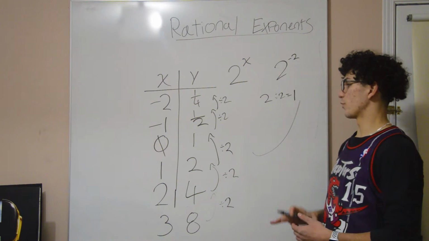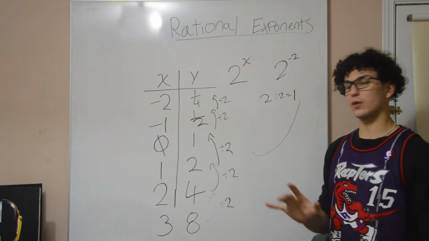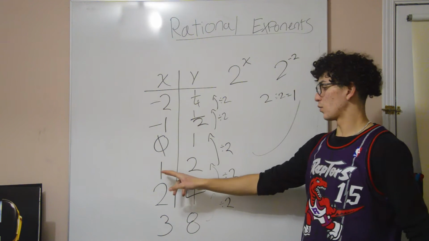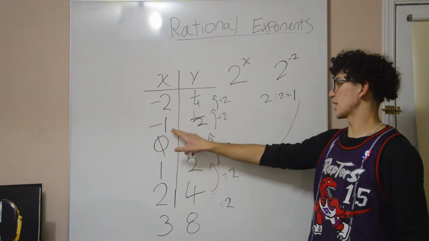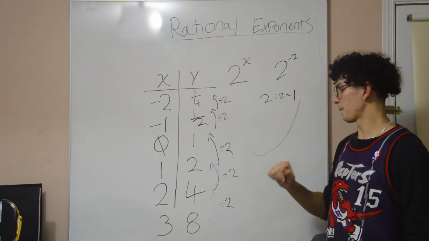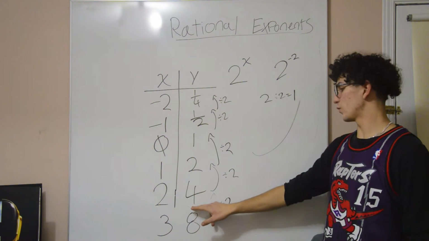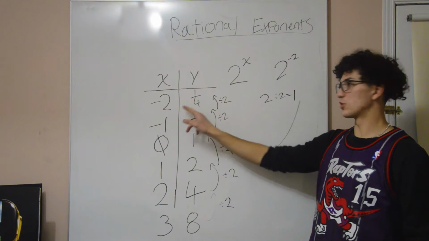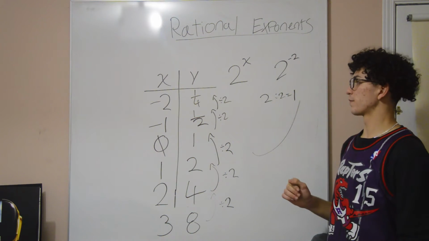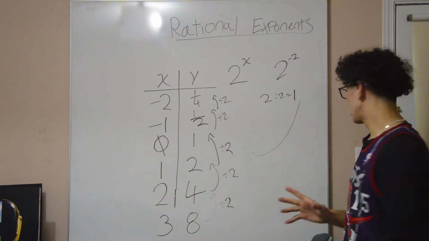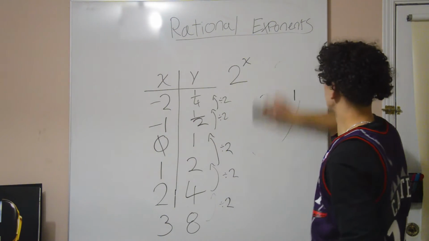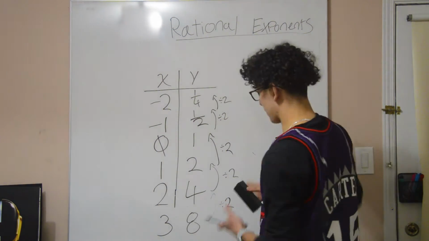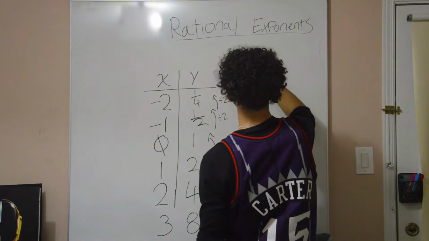And I'll simplify it for you in just one moment, but I'm hoping that we're seeing something here. When it's positive 1, it's 2. And when it's negative 1, there's a 2 in the denominator. When it's positive 2, it's 4. And when it's negative 2, there's a 4 in the denominator. The pattern here, and basically how we do negative exponents, is simply by doing the following.